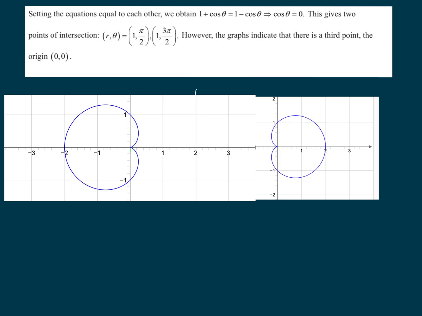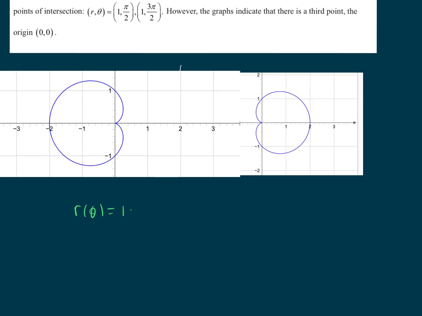So I have R of theta equals 1 plus cosine of theta, and the other R of theta is 1 minus cosine of theta. And what I want to see, if I put the two graphs together, is at what theta they will have the same R and the same theta.